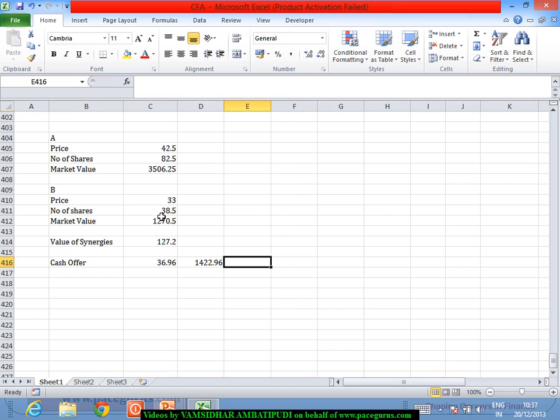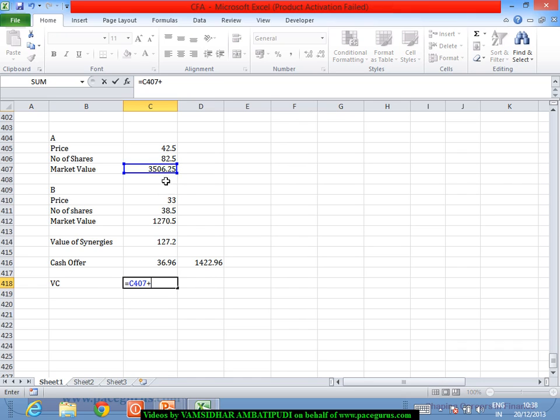Now what is the total value of the combined firm? We can decide the value of the combined firm: market value of A before the acquisition, plus value of B before the acquisition, plus value of synergy, minus whatever is the cash offer that has been made.